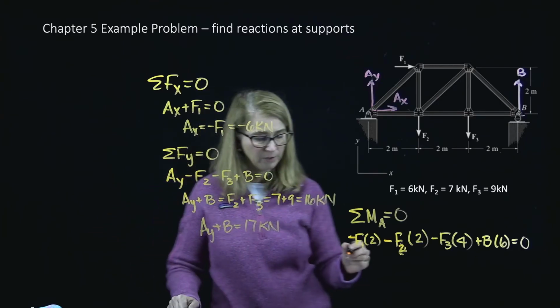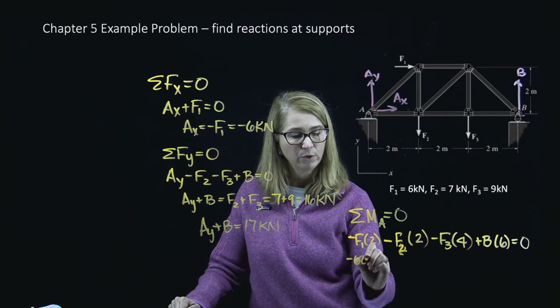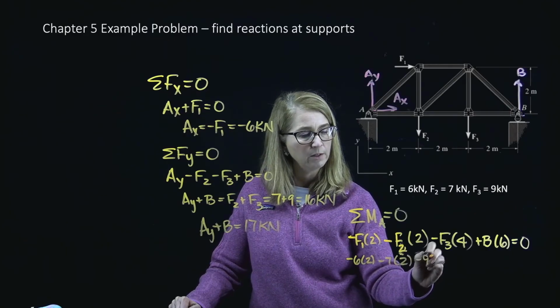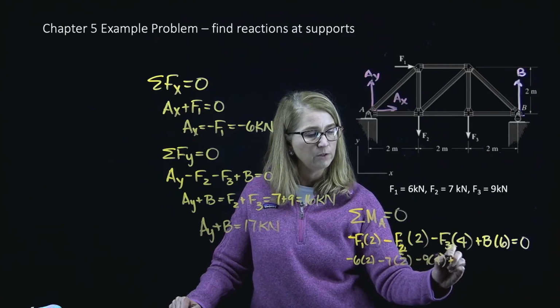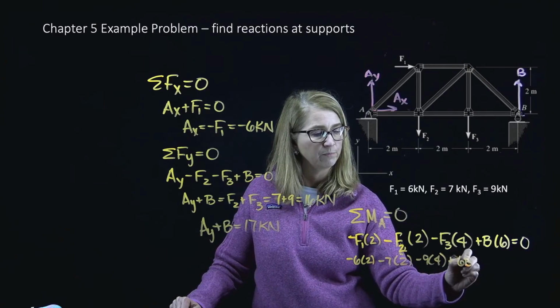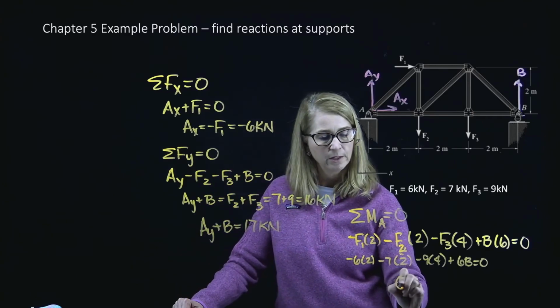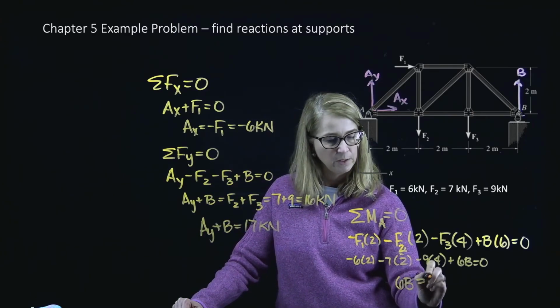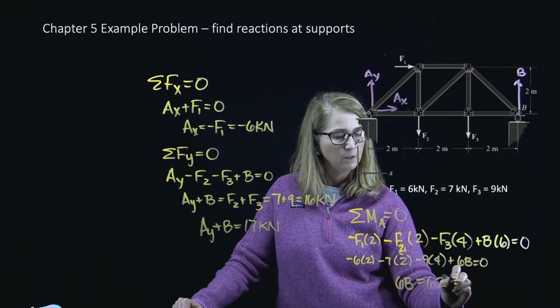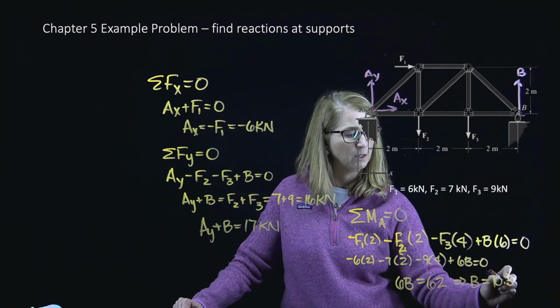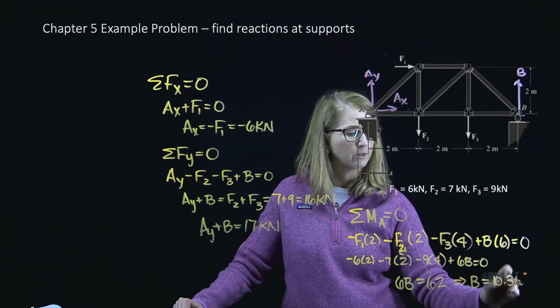So if I put in my values of minus 6 times 2, minus 7 times 2, minus 9 times 4, plus 6B. If I add all these together, I find that 6B is equal to 62. So B ends up to be 10.3. Oh, sorry, that's kilonewtons.